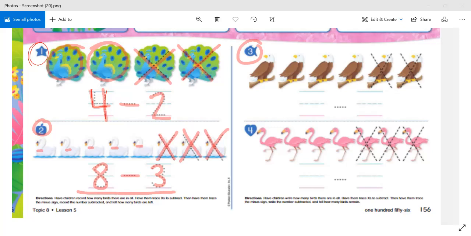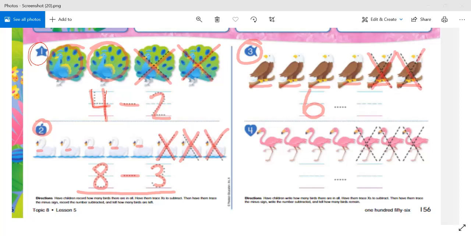Let's look at number 3. We have eagles. Let's count how many we have. 1, 2, 3, 4, 5, 6. 6 eagles. Remember to mark as you're counting. Make sure you're touching as you're counting so you keep track of how many there are. 6 eagles. It looks like 2 flew away.